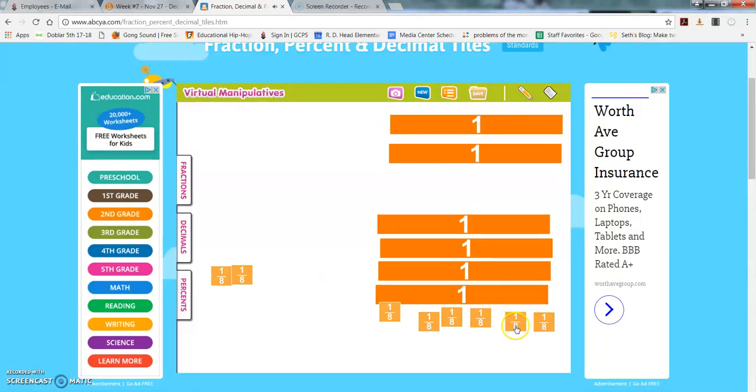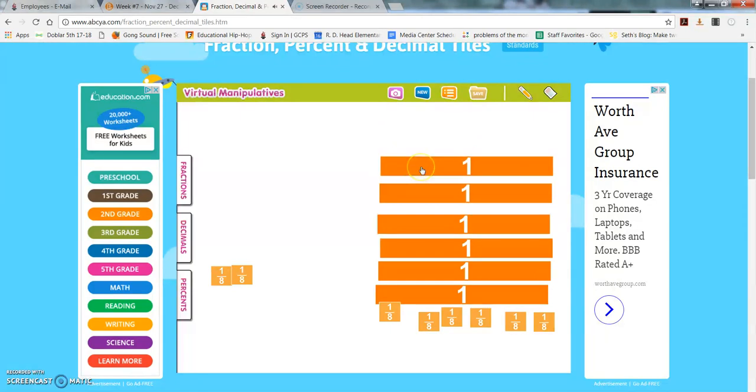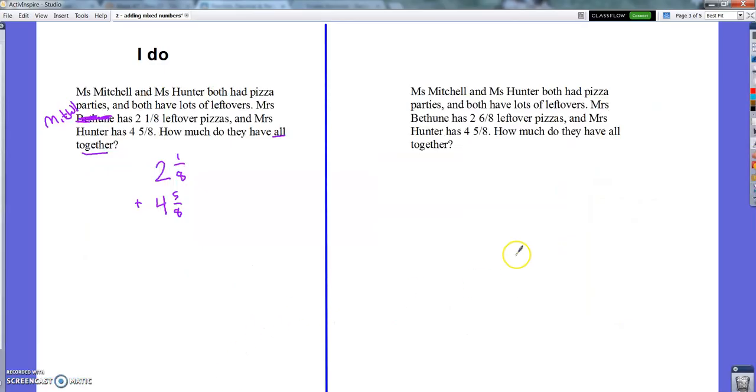Add means put together, so it makes sense to put all the eighths together and put all the wholes together and count up 1, 2, 3, 4, 5, 6 whole pizzas and 6/8. So if I look at the visual, I can see that that is 6 6/8.